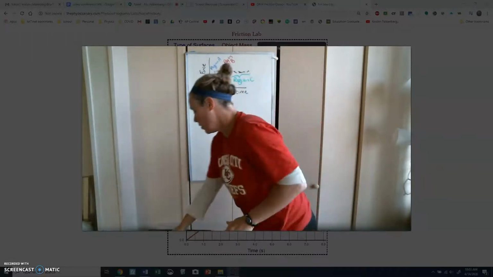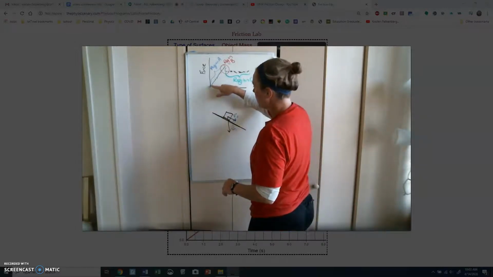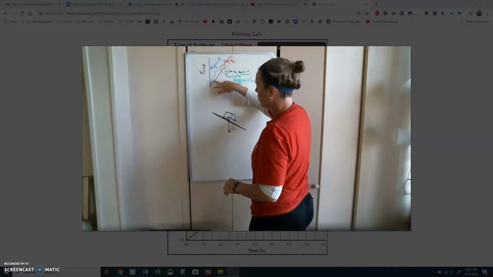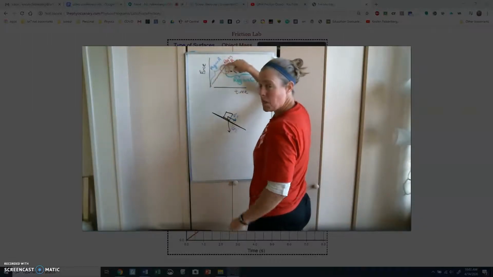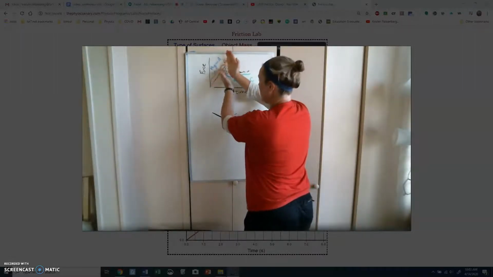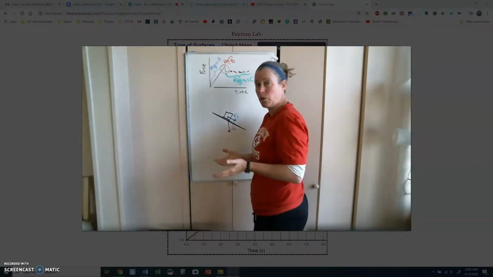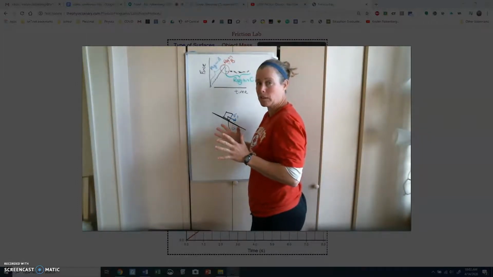So as we tilted, we increased that force parallel, and it got to this peak where it still wasn't moving. So region A, if you said the force was increasing, but the object wasn't moving, you were correct.